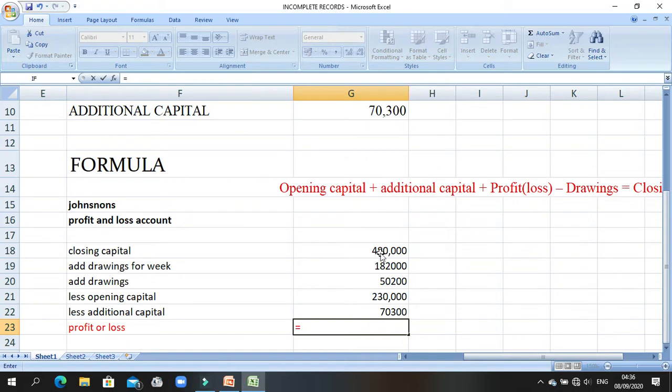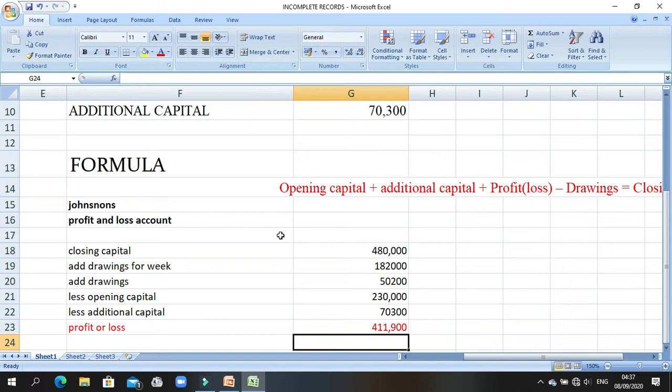We take this and also we add these drawings, less opening capital, less additional capital, to get profit and loss, which is equal to 4,011,900. This is our solution for example number 1.